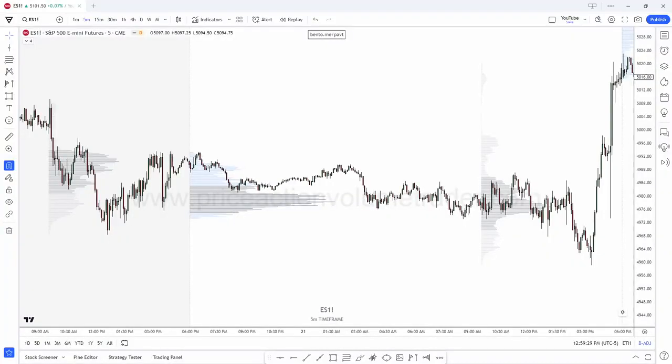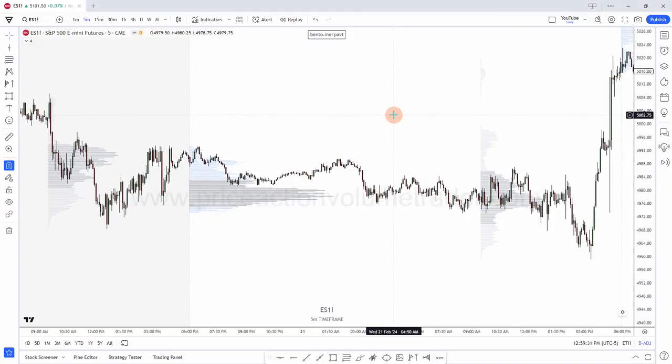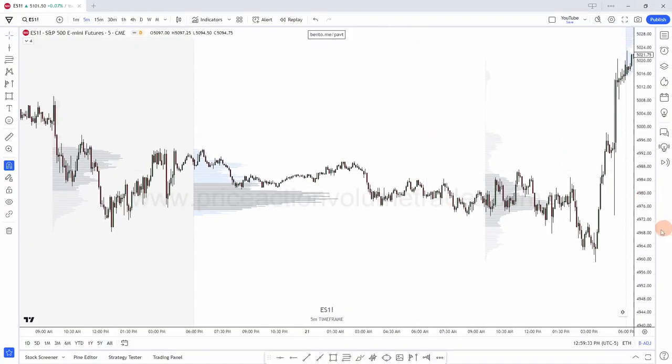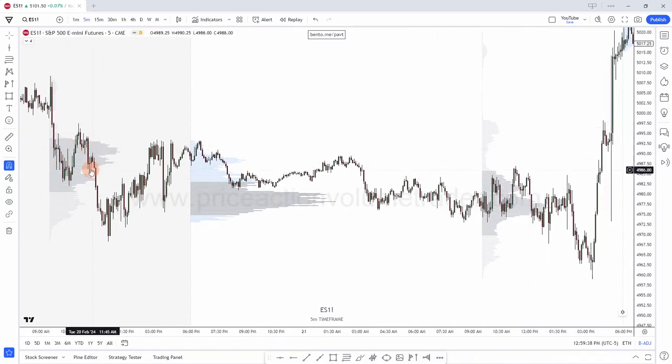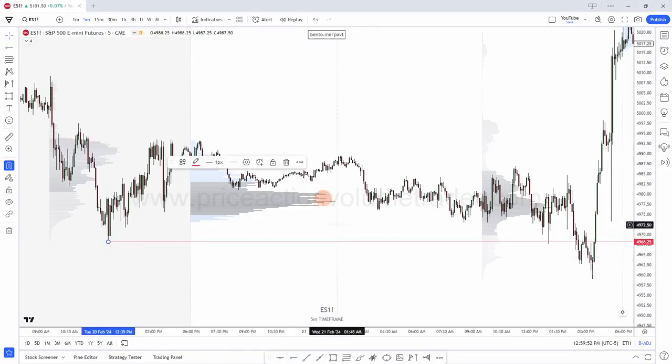Here we have an example in the SP 500 futures. This is the 5-minute time frame. And you can see we had our regular profiles here, regular session volume profiles, and then in blue, the extended hours. And we clearly had a low right here.